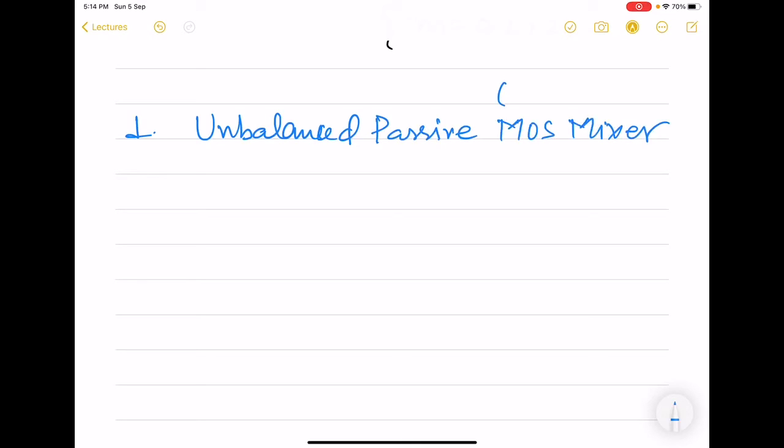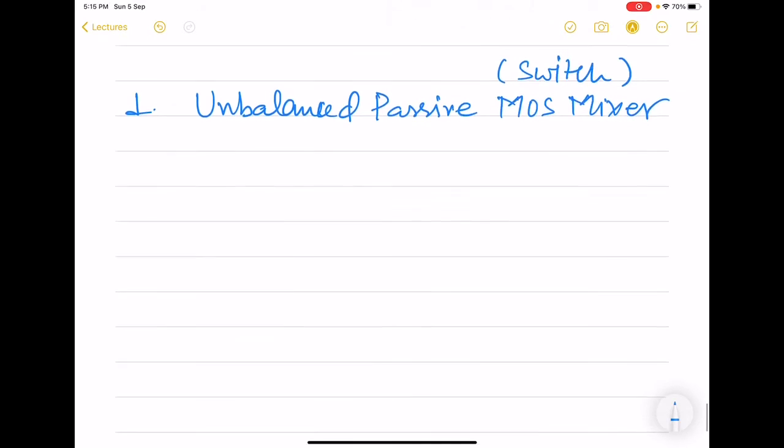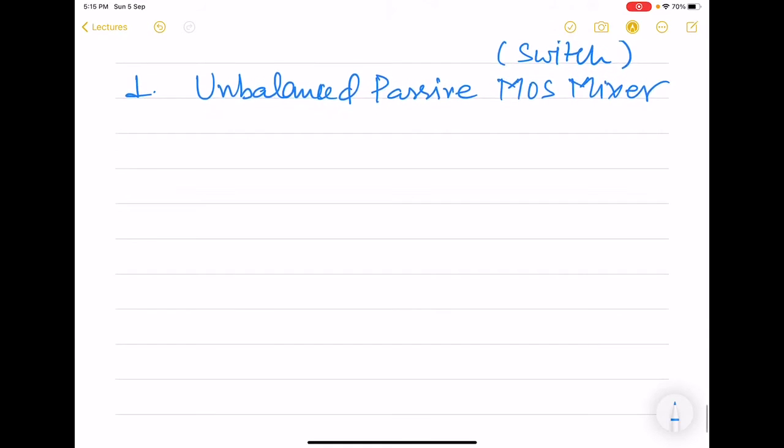And this is actually a switch-based mixer. So here MOS is going to play the role of switch. So whatever architecture we just now saw, in there we are going to implement the switch using a MOS.